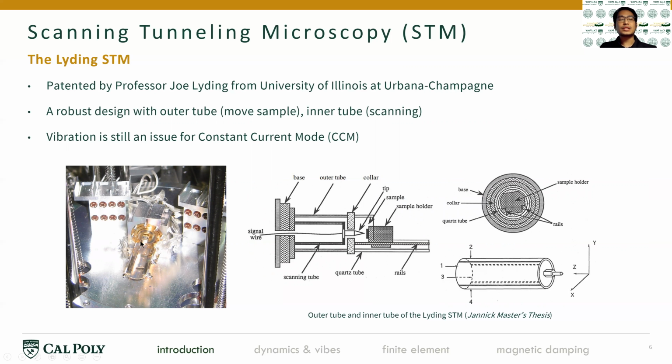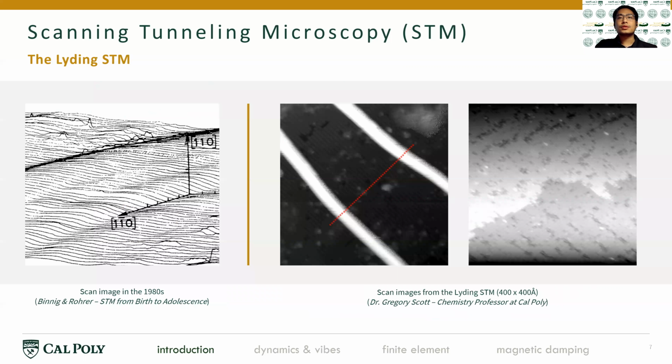If you can see the picture on the left here, this shows the rails sticking out of the aluminum box that holds the inner and the outer tube. The two pictures on the right show the scan images from the Lyding STM with the scale of 400 by 400 angstroms.